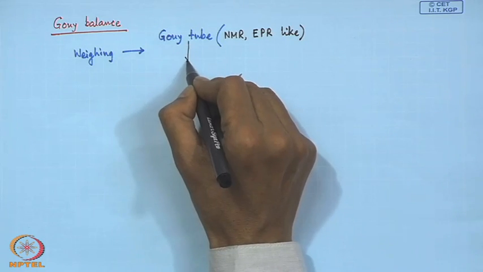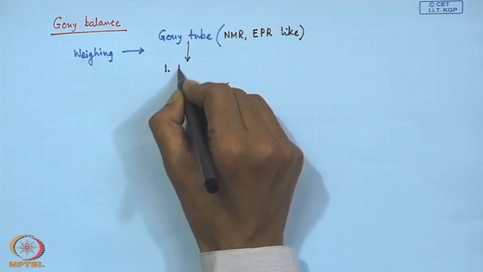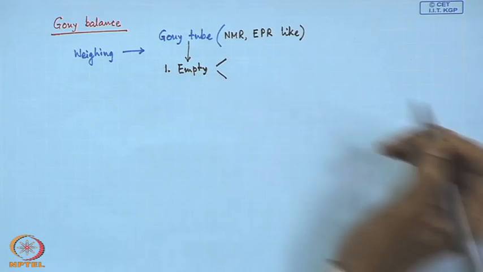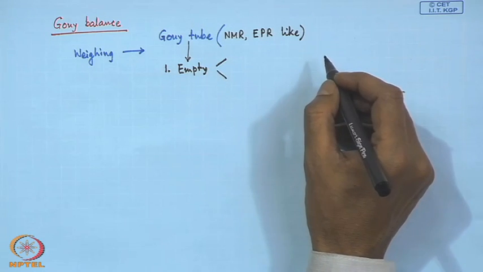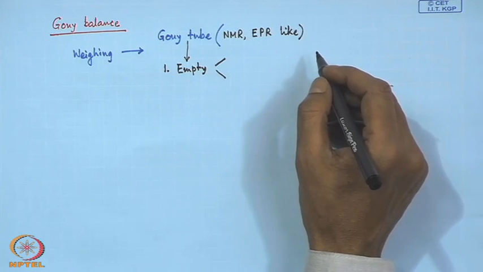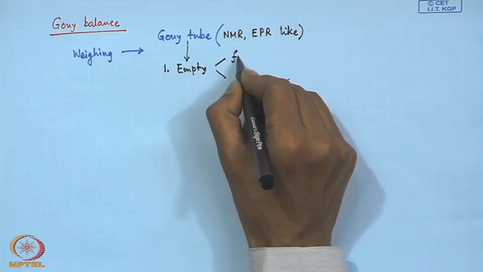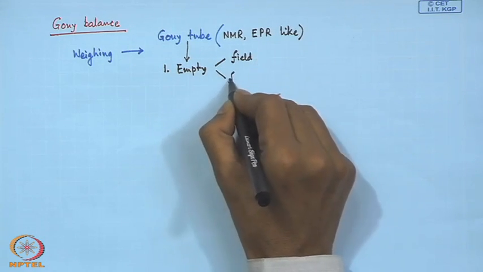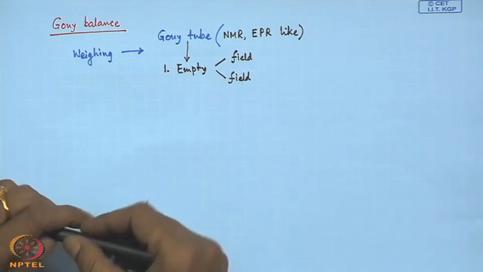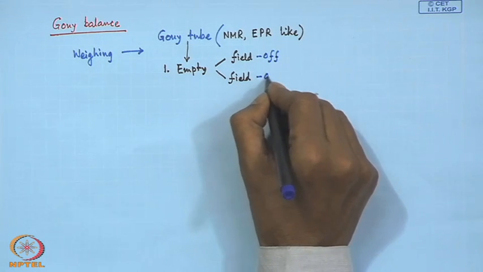This Gouy tube is initially empty. For the empty Gouy tube we take two weights. It is basically a very sensitive balance, and we take the weight in the presence of the magnetic field and in the absence of the magnetic field. So, when the field is on and the field is off. The empty tube in the field off situation and the field on situation.